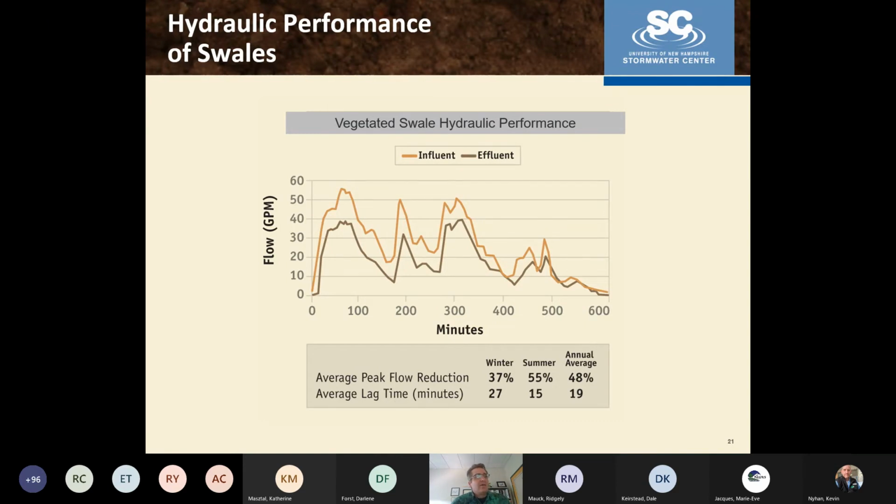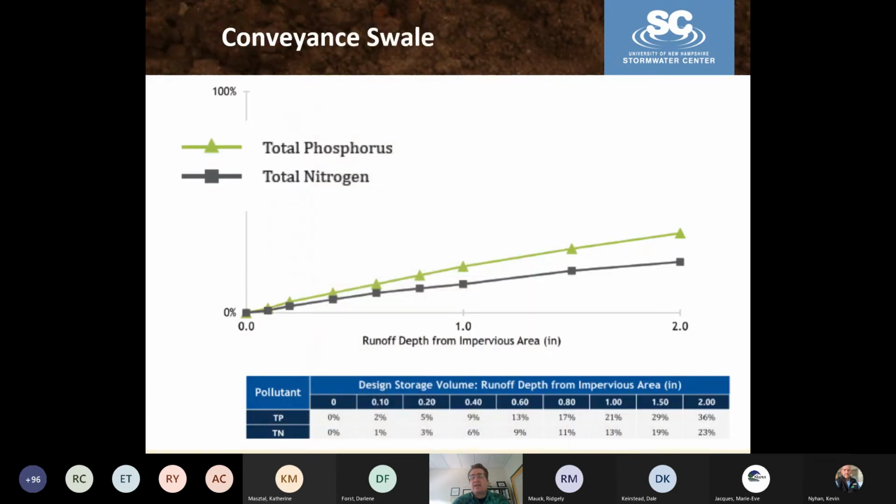This data is from an unenhanced trapezoidal vegetated channel, and we see that it doesn't get much with respect to peak flow reduction, and the water quality performance is modest and wouldn't qualify as primary treatment according to the latest standards.